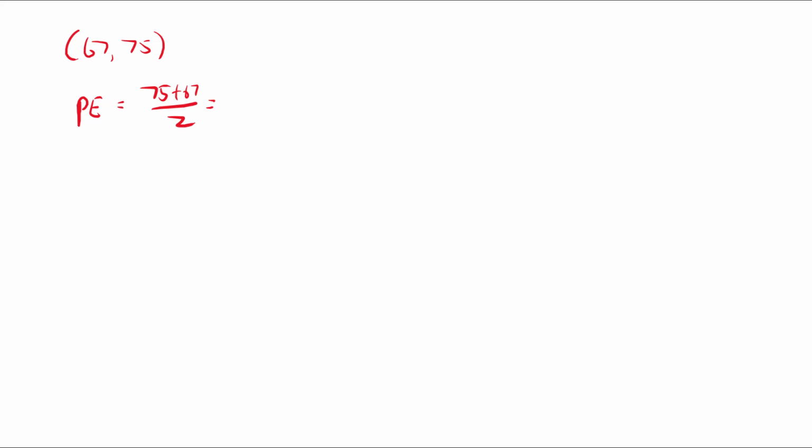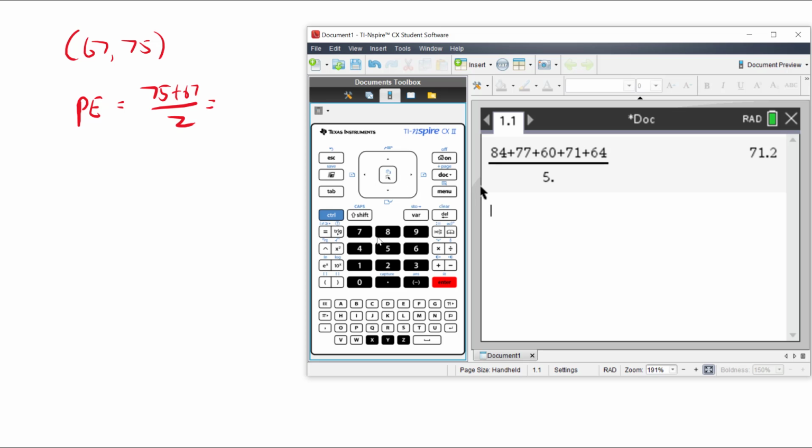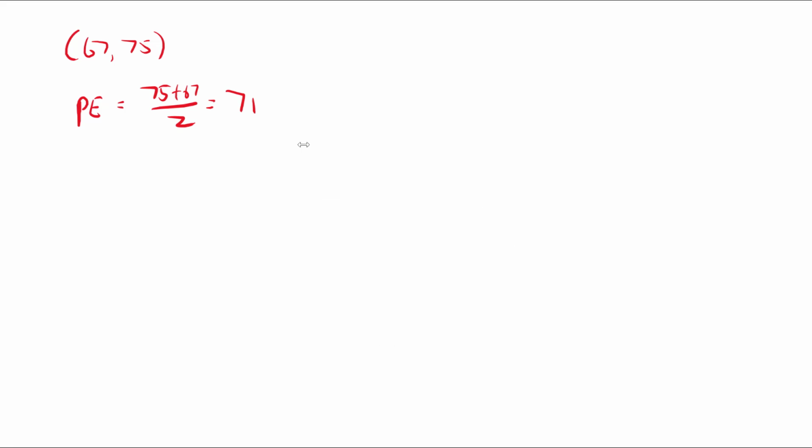What do we get? We get 71, which is what we came out to be with our mean value, right?